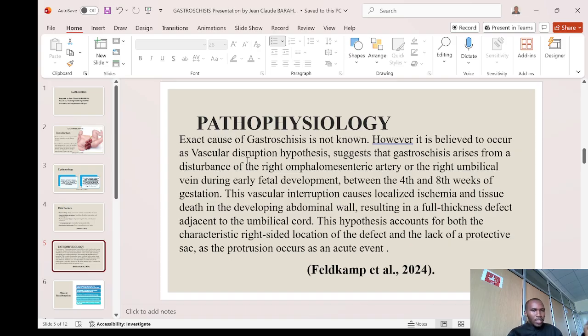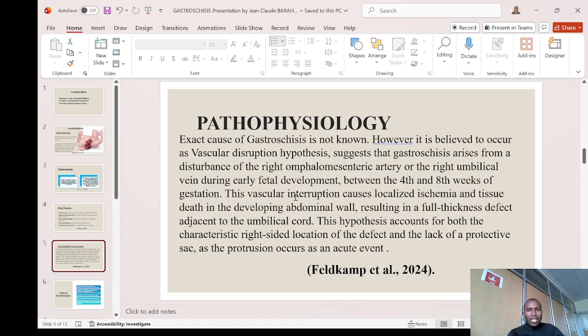Let's explore it. It suggests that gastroschisis arises from disturbance of the right omphalomesenteric artery or right umbilical vein during early fetal development, between 4 and 8 weeks of gestation.